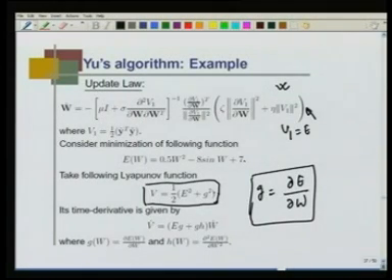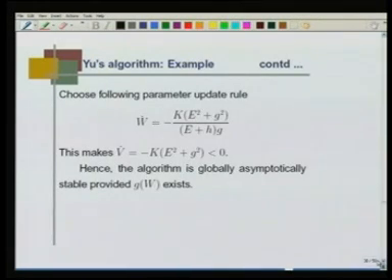But I would show you how this algorithm can take you to global convergence for a simple nonlinear function, the one we have already discussed, 0.5 W square minus 8 sin W plus 7. For this, if I consider the Lyapunov function V as half E square plus G square, its time derivative is given by V dot equals E G plus G H W dot, where G is del E by del W, H is del square E by del W square, and choose the following parameter update law.